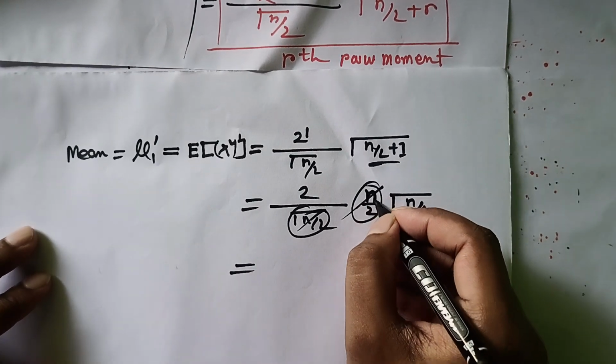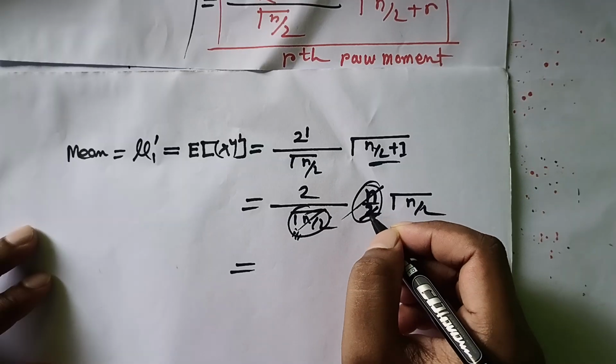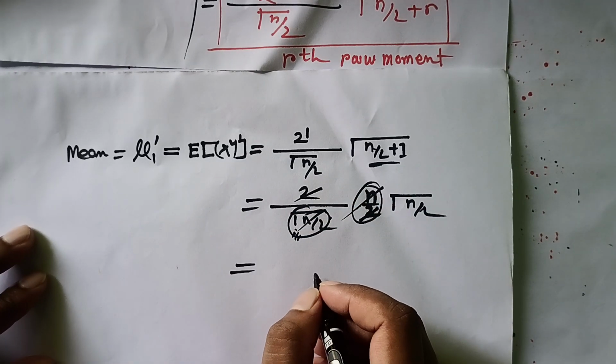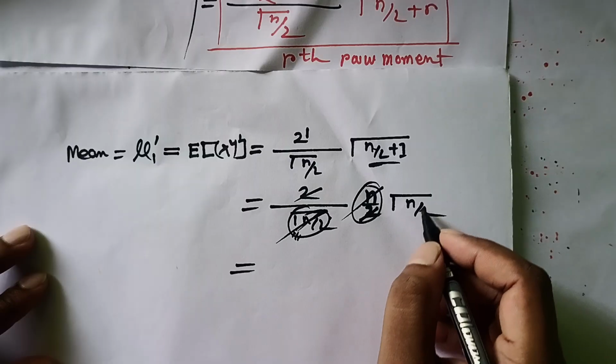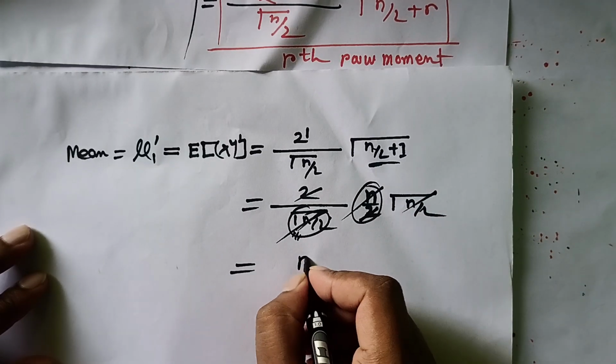sorry, here it is n by 2 not gamma n by 2, so we cannot cancel it like this. This 2 will cancel this one, so this one will be cancelled by this one, so we will be left with only n.